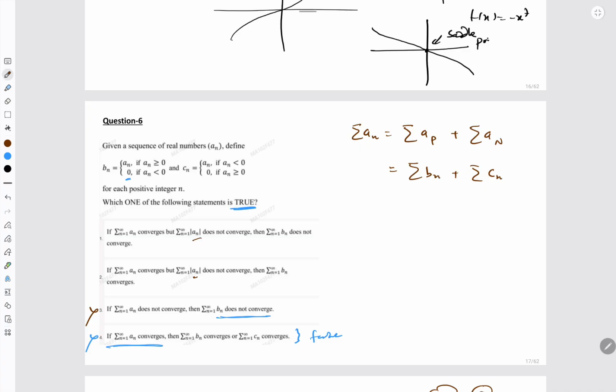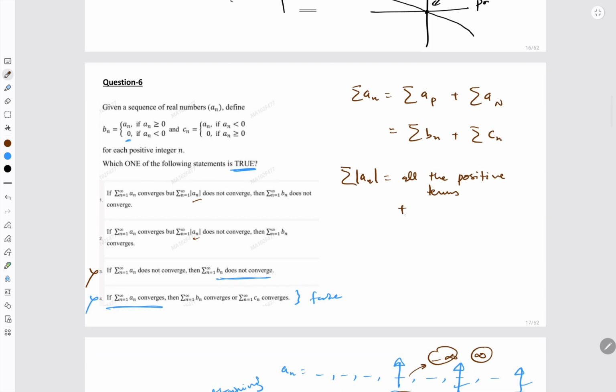Now what is mod an? Mod an is nothing but the sum of all the positive terms, and the sum of all the negative terms if we eradicate the negative sign. So it is basically the negative of the sum of all negative terms, right?